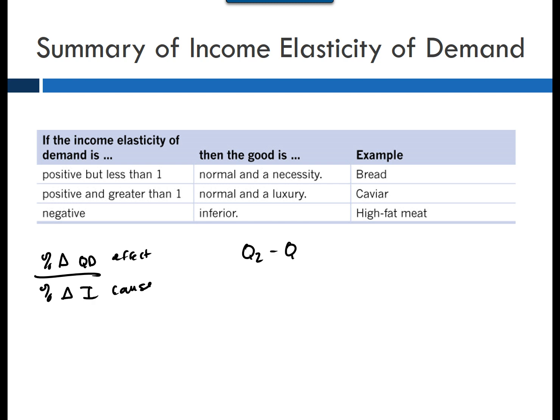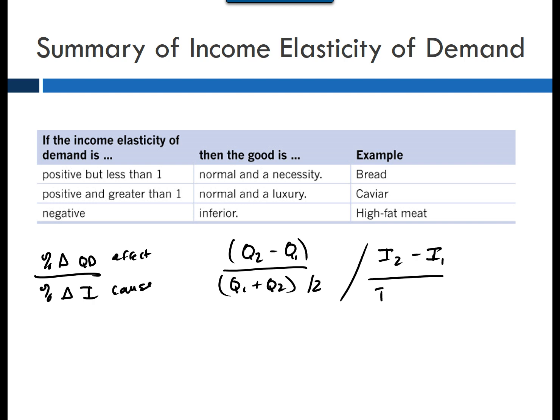Q2 minus Q1, how much did it change, over Q1 plus Q2 divided by 2. And then you put that over the income instead of the price. So income 2 minus income 1 over income 1 plus income 2 divided by 2. This is how you get the percentage change in the income.